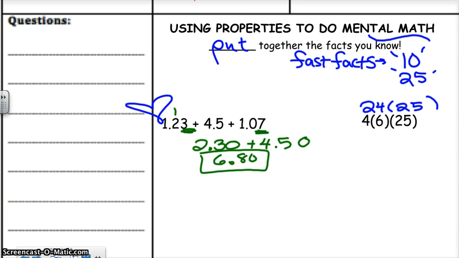Grace? 4 times 25. 4 times 25 helps me, right? Because that's 100. So now I turn that into 100 times 6, 600. Now notice the difference. I could get to 600 here, it's just not fast. I'd have to do some old school math that way. So the biggest thing with mental math is to do fast facts.